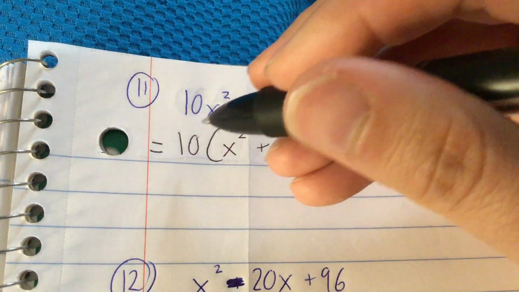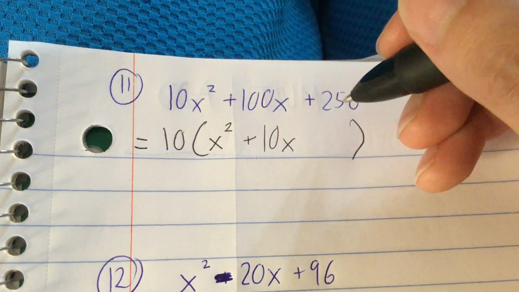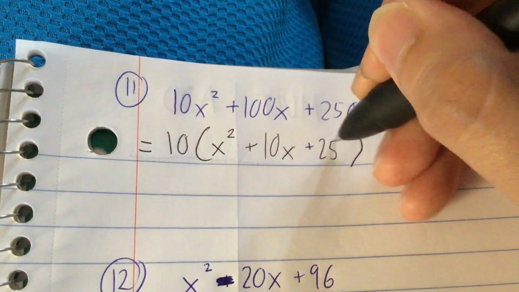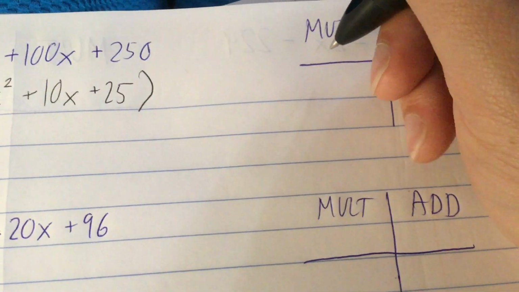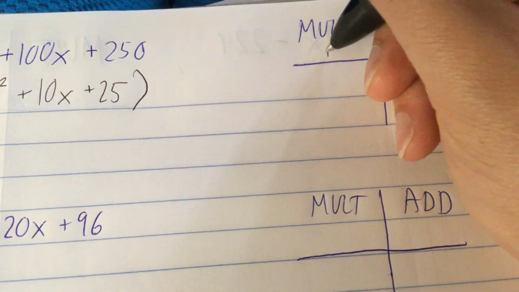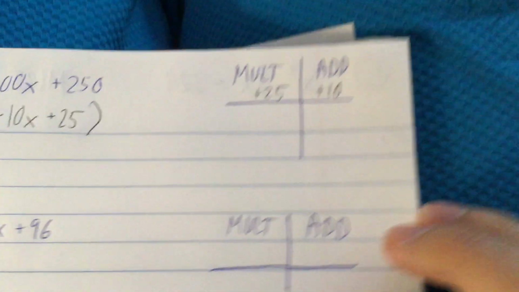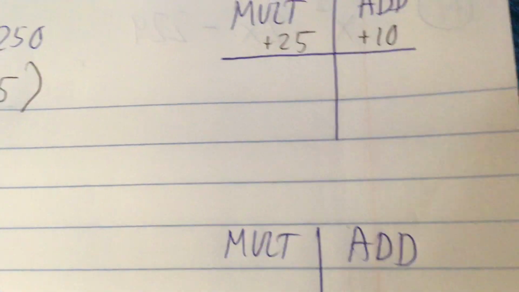Positive 10x. 10 times what is positive 250? So 250 divided by 10 is positive 25. Okay, so now I'm going to try to figure out what two numbers multiply to positive 25 and add to positive 10.